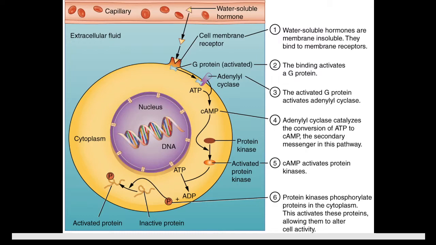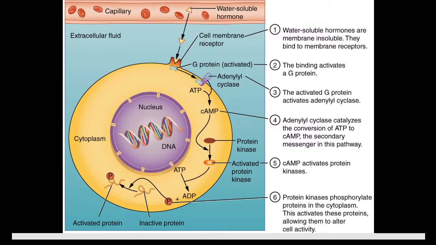First, the water soluble hormone enters the bloodstream, but it is not soluble in the cell membrane, so the hormone is absorbed by the cell membrane receptor, that is the G protein receptor.